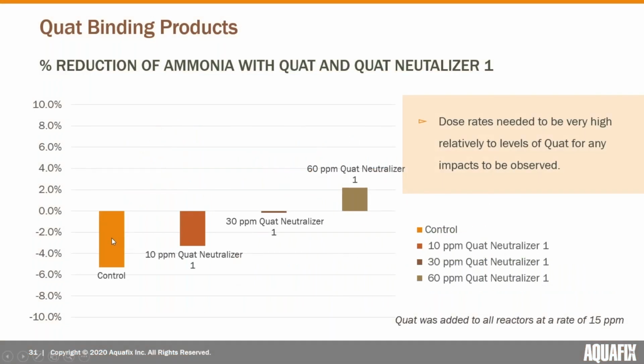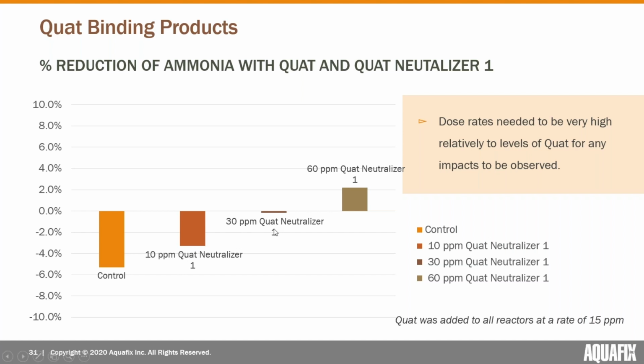So here's the control. We had about 5% ammonia reduction. Then we took one where we blended the quat with the quat neutralizer, 10 ppm of quat neutralizer. And the ammonia reduction had dropped to about 5%.